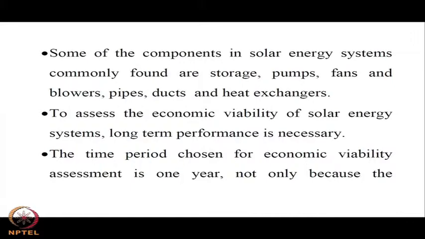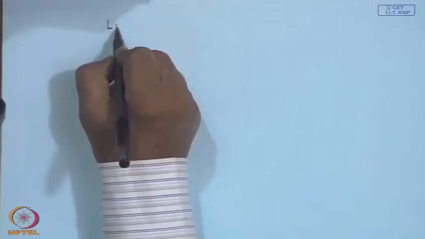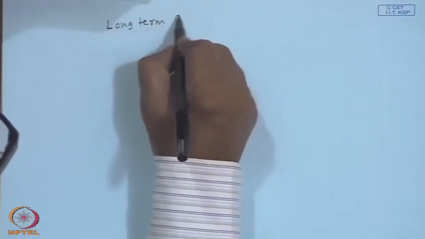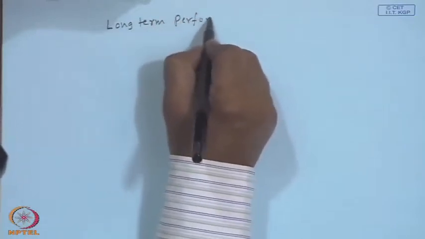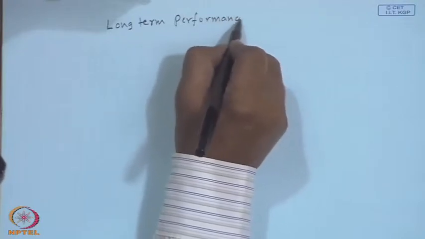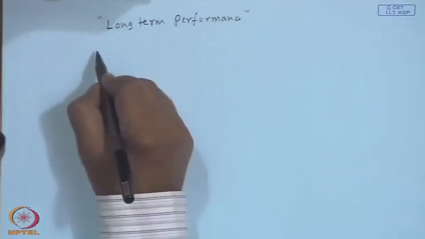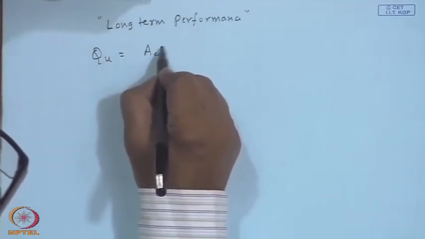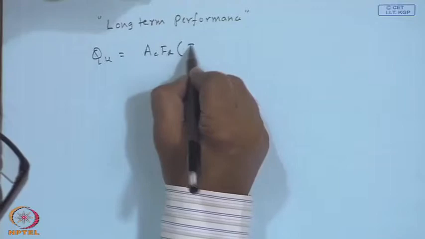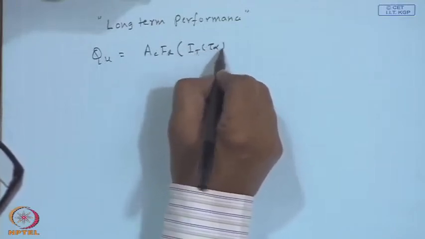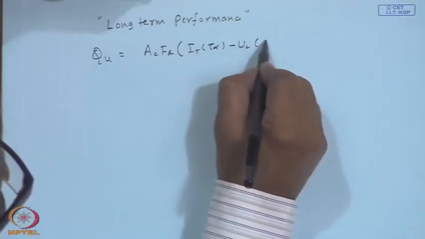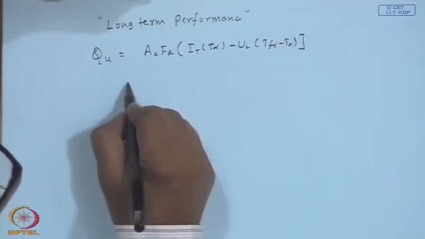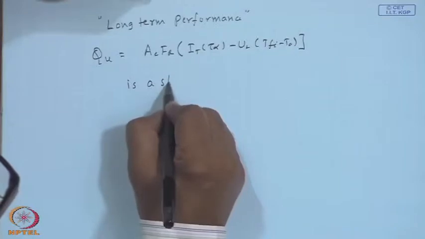The other thing is, we talk about long term performance. For example, your equation Q u equal to A C F r times I t tau alpha minus U L T f i minus T a is a short term equation.